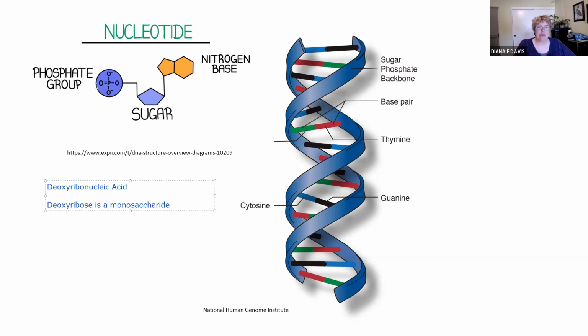The phosphate group of one nucleotide is attached to the sugar group of the next nucleotide. So you end up with alternating sugars and phosphates along that backbone. There are 4 bases. Looks like I wrote over this one at some point.